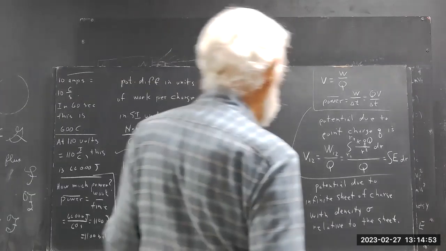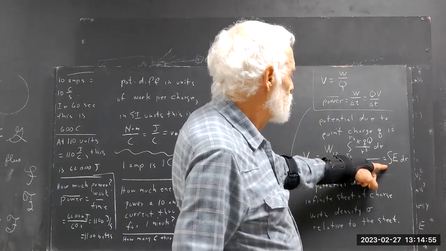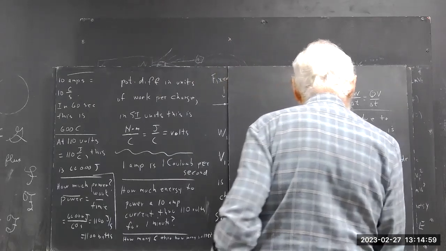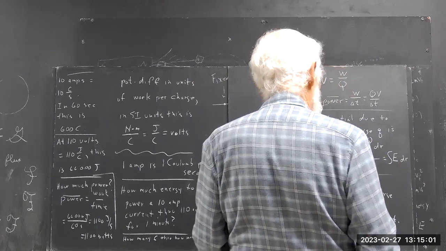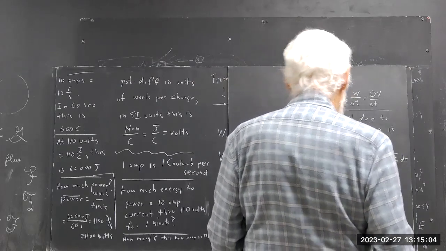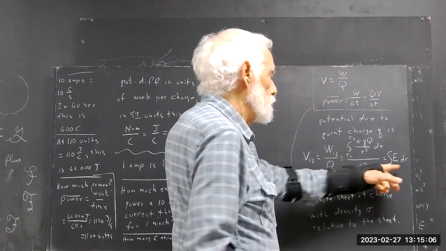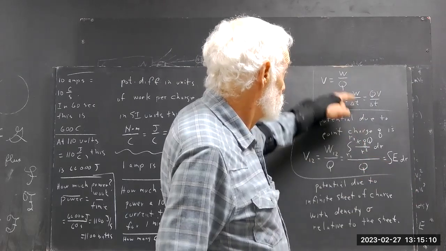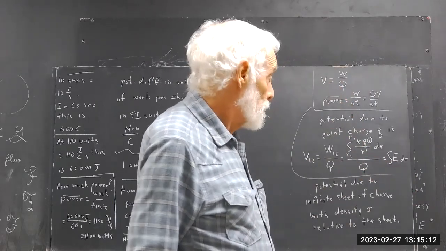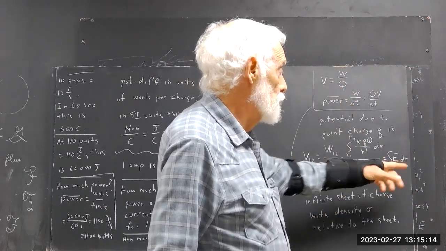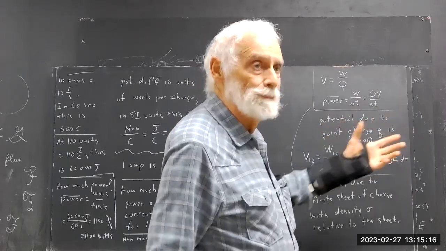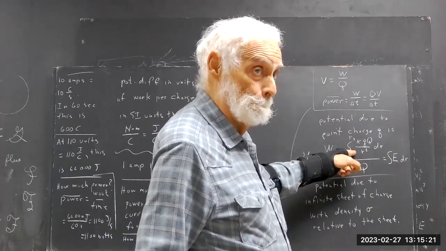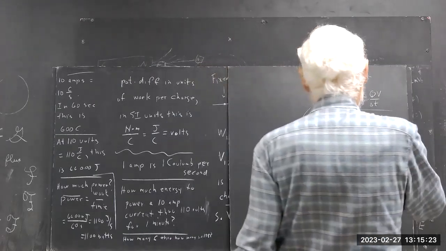One more thing I should have said here. This is equal to the integral of the electric field times dr, E being the electric field of this point charge. Because you're integrating QE over Q. That's what this really is.